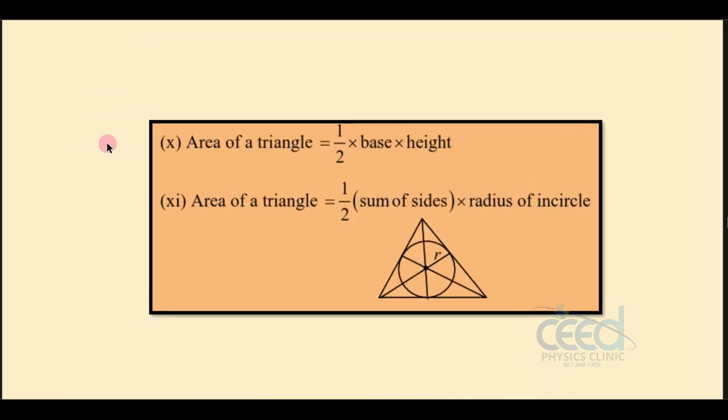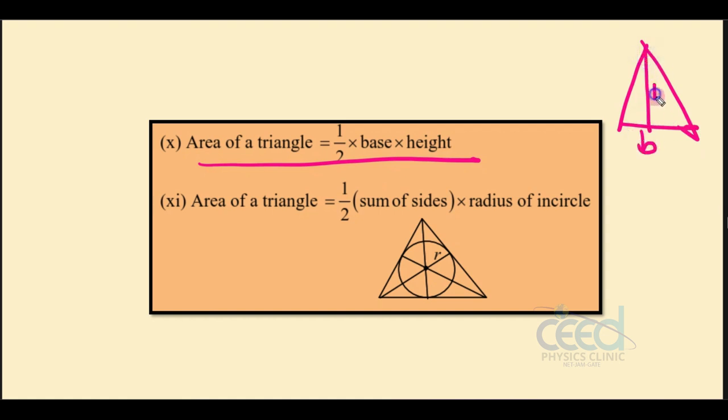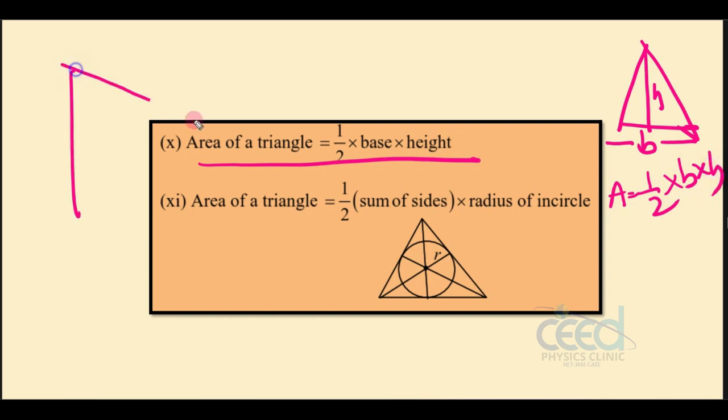This also represents another formula to find the area of the triangle, right? Now another point is the area of the triangle. We already saw half into base into height. For any triangle, suppose the base is B and the height is H, what is the area? Half into base into height. Now suppose in any triangle, one circle is embedded like this. Suppose the sides are A, B, C, then what is the area?